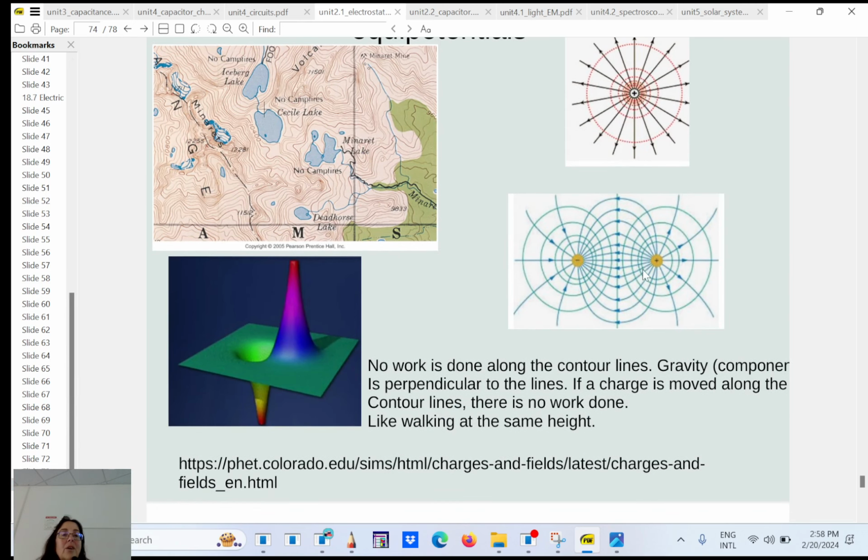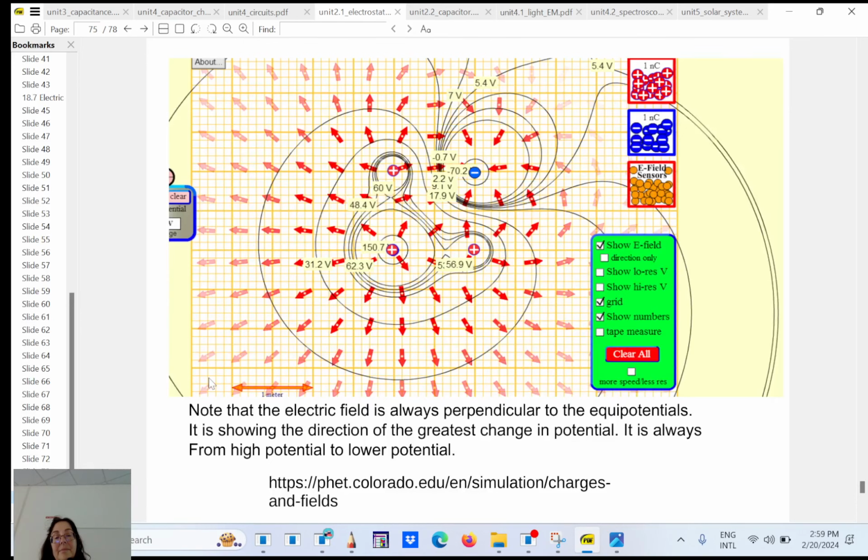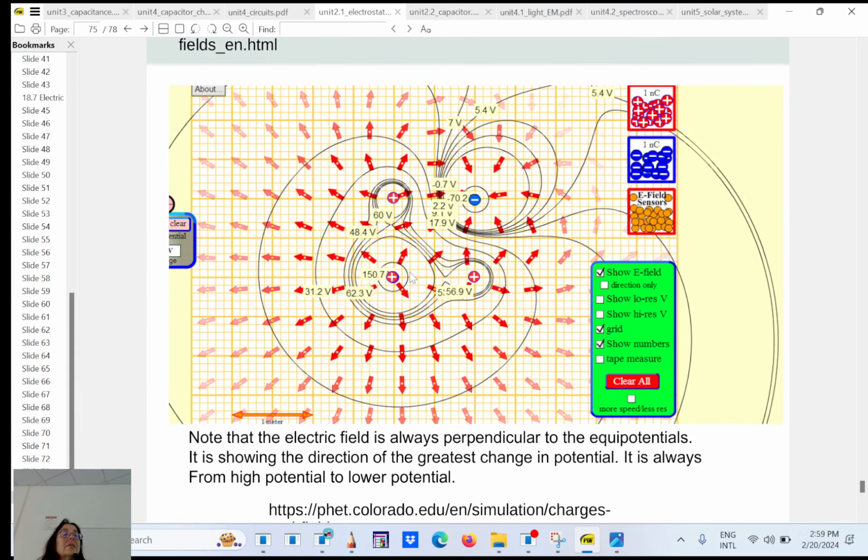So these are equipotential. So that will be for a dipole. You see, negative potential here, positive potential there. You can have interesting configurations. You can have a plus here, plus here, plus here, minus there. You can trace the equipotential.